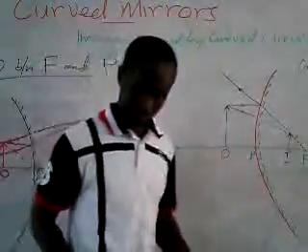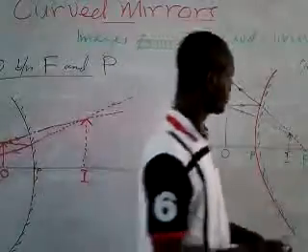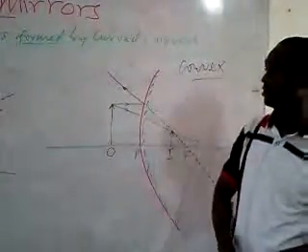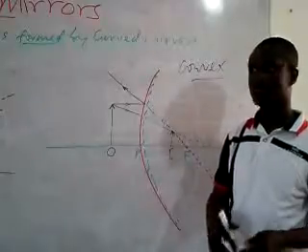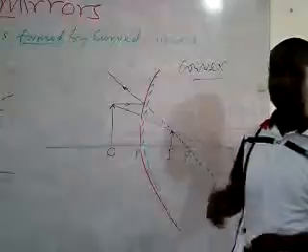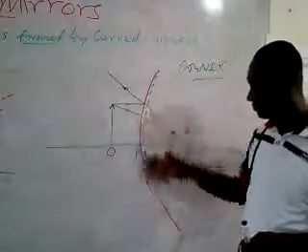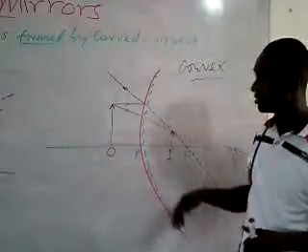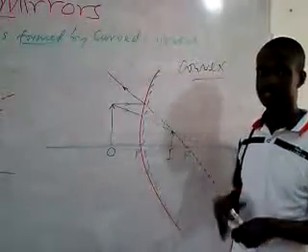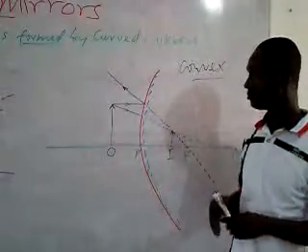And what I want you to do is to learn how these images are produced by using your graph. Use graph book, and you can use your compass to draw the curved mirror very neat, and with the help of your rule you can understand the images very, very well.